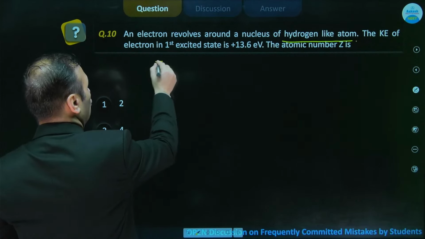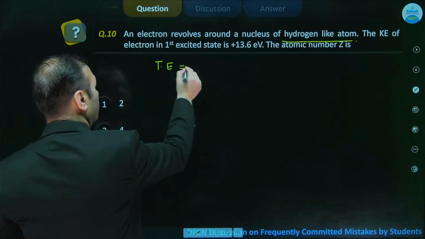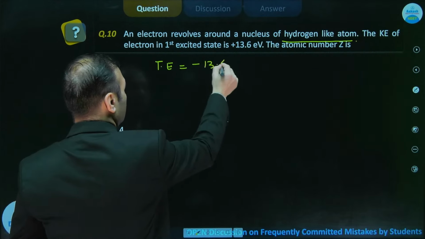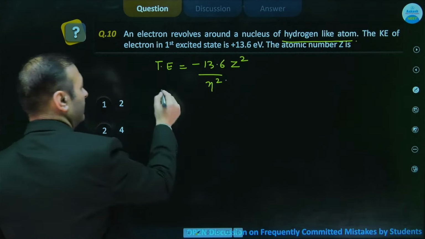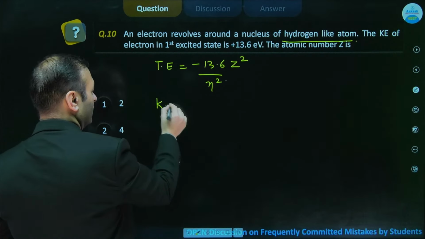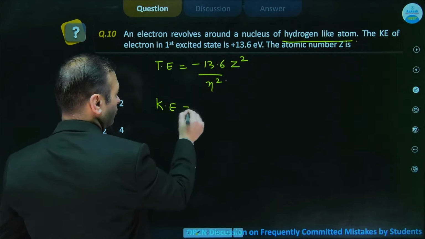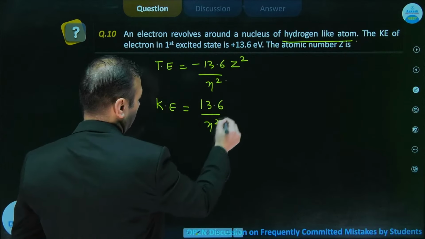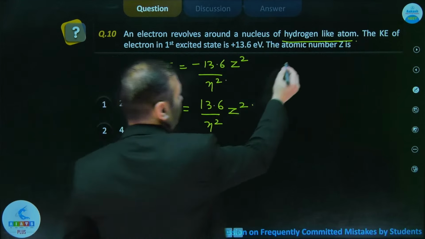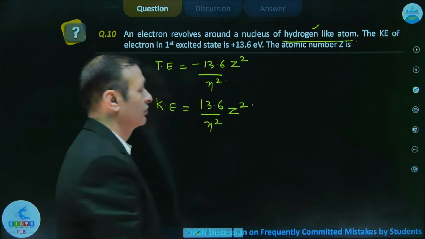The total energy is minus 13.6 Z square by N square, and this total energy has a negative sign, but the corresponding kinetic energy is 13.6 by N square into Z square, because this is a hydrogen-like species. Got it or not?